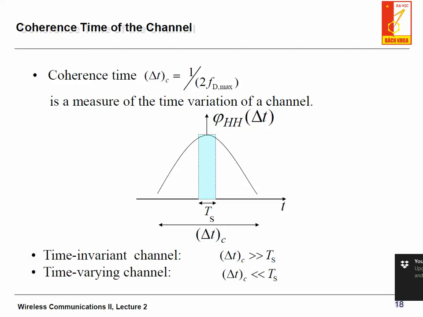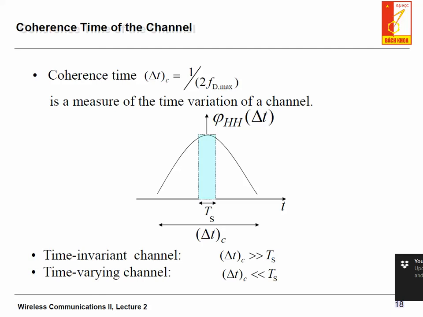And we have two cases. The first case is that the coherence time is much larger than the symbol duration. Then we have a time invariant channel. In the other case, the coherence time is much smaller than the symbol duration.